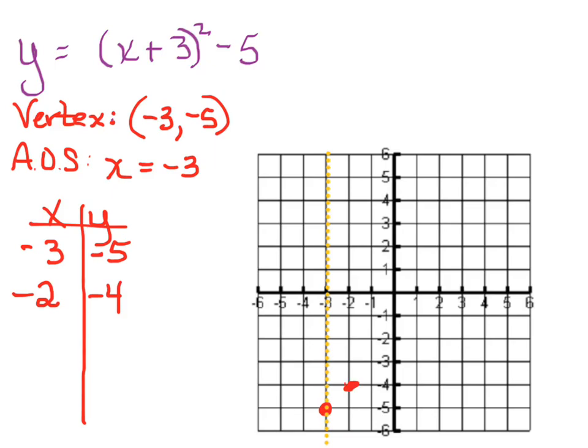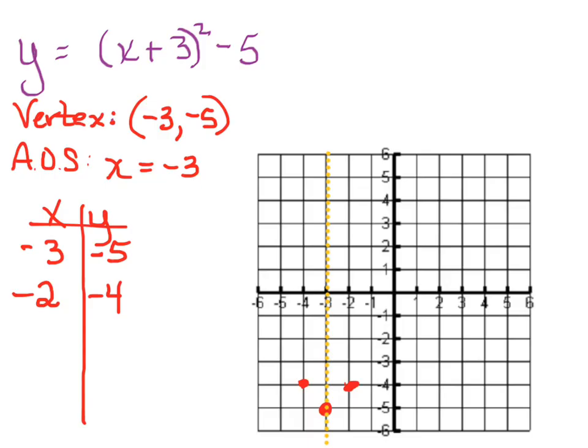I'm going to plot that point, and this is where the line of symmetry will help you get your freebies. So there's a reflection point on the other side of that line. So imagine if you could take a paintbrush and paint that dot, fold it along that line. Where would the wet paint appear? And it would appear right there.